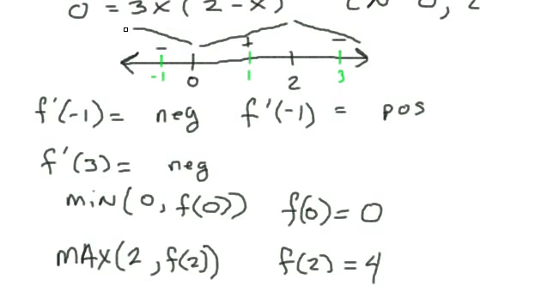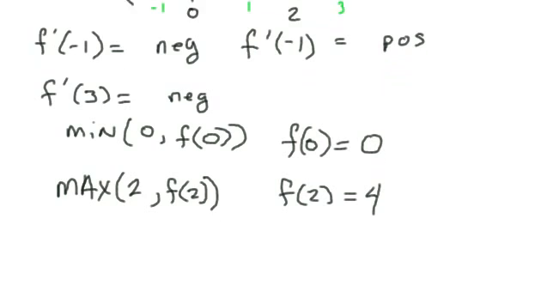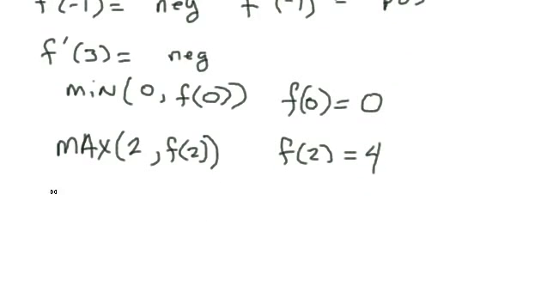So we got decreasing from negative infinity to 0, and then increasing from 0 to 2, and then decreasing from 2 to infinity. And I guess I'll just write that right here. So we've got decreasing, just shorthand it there as DC. So we said from negative infinity to 0.